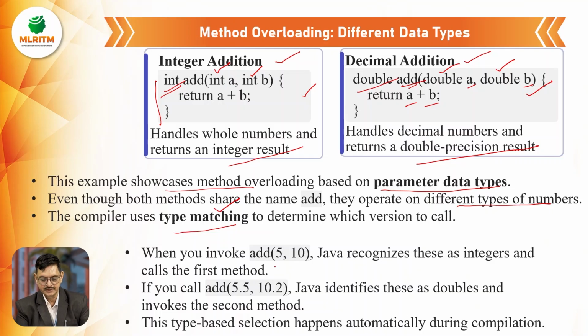In the first case, when we use 5 and 10 as integer arguments, it invokes the first method. When you use 5.5 and 10.2 as arguments, it invokes decimal addition, after it identifies the appropriate type matching conditions. So type-based selection happens automatically during compilation. The compiler automatically identifies type matching.